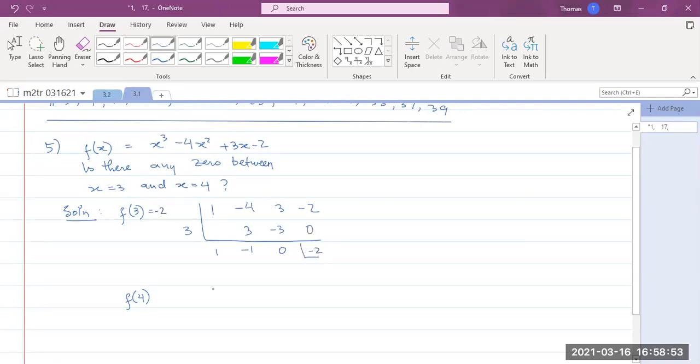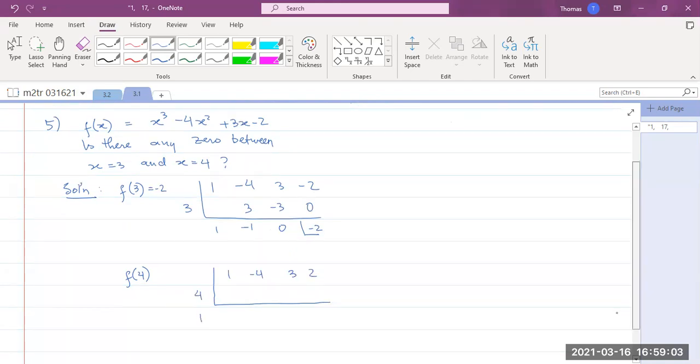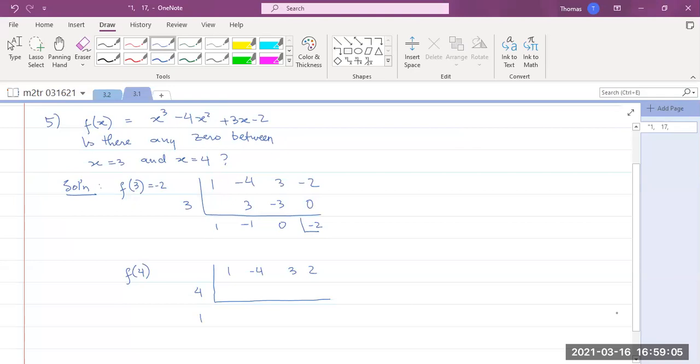How about f(4)? Instead of plugging x equals 4 into that function, I rather just use synthetic division. It's faster. Okay, so f(4) is 14.